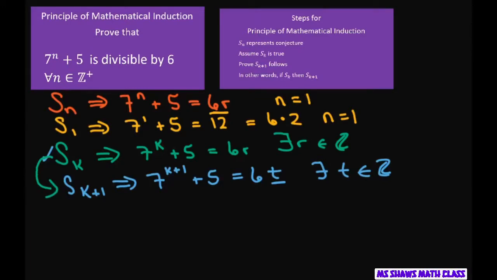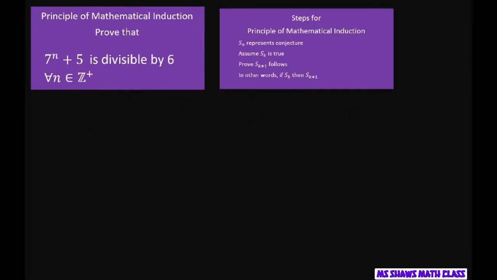So we're going to start with this part here. We have s sub k equals 7 to the k plus 5, and that equals 6r. Again, r is our integer, and we want it to look like this one.